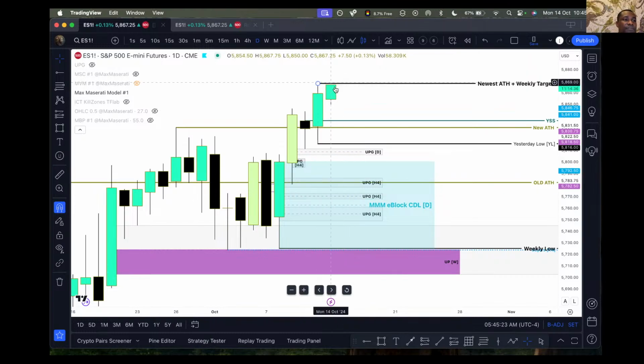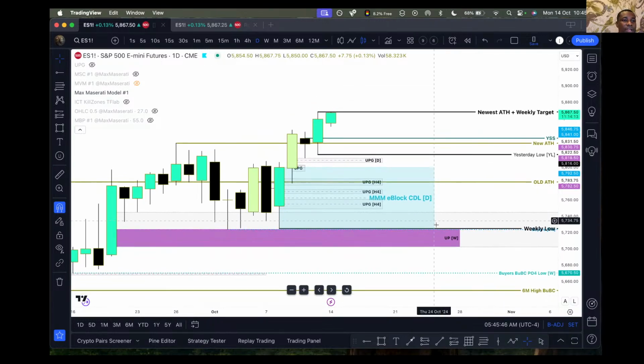If the sellers start selling from this level here, we might expect price to come all the way down here. And if price were to violate this MMM external block, which is the weekly low, 5725.50 on ES, and close below it, then on the weekly, let's not forget that we have an unfilled portion.